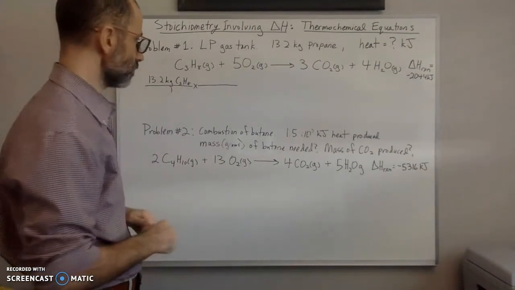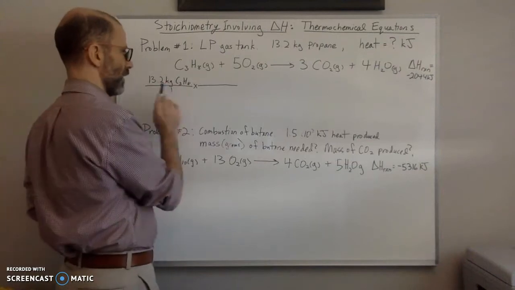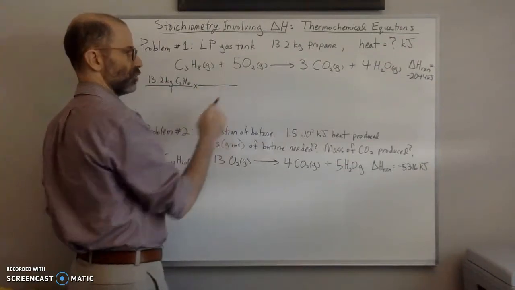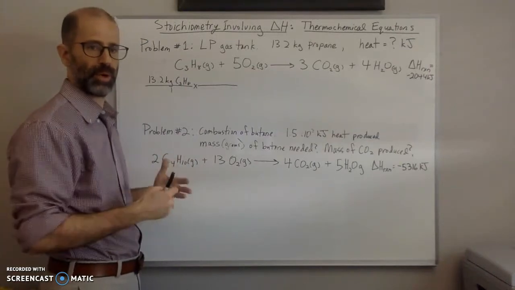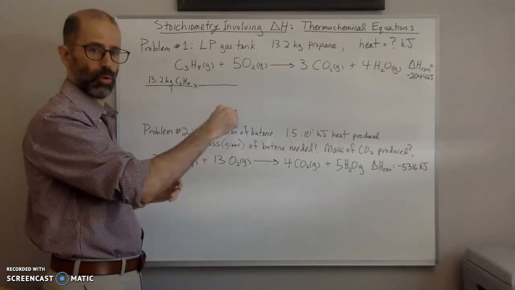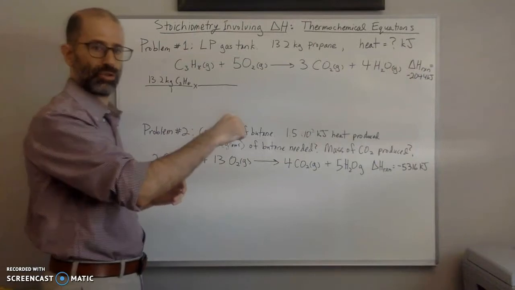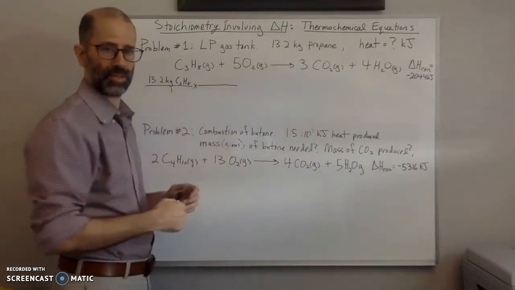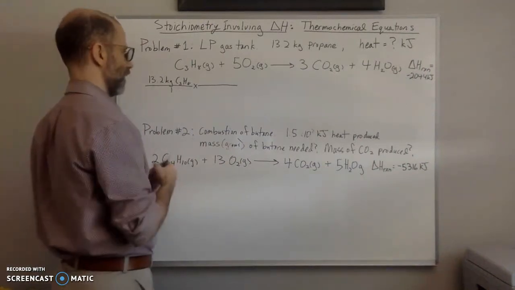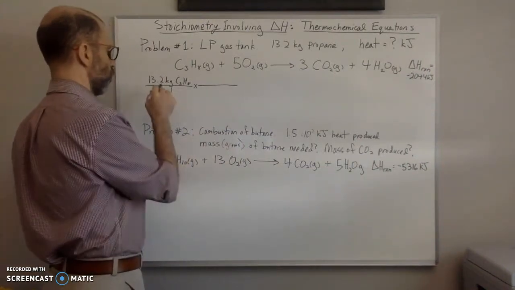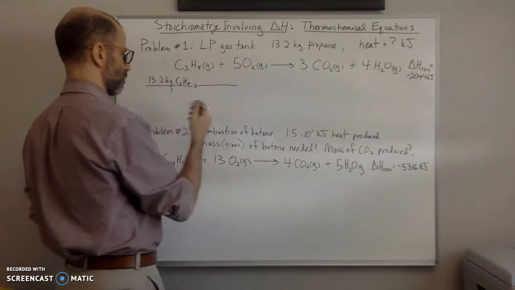So we need to get onto the mole-mole ratio. Remember the chemistry conversion superhighway, going from mass to moles of A to moles and mass of B. So we need to get onto that highway, if you will. We have kilograms, we want grams.